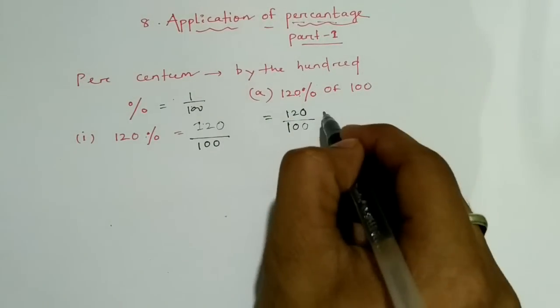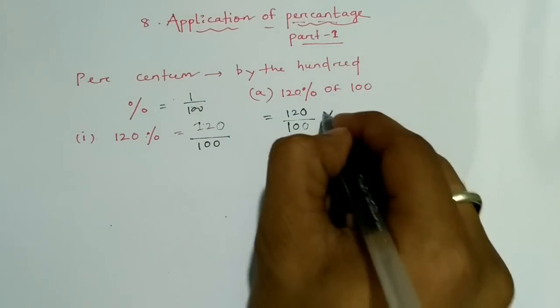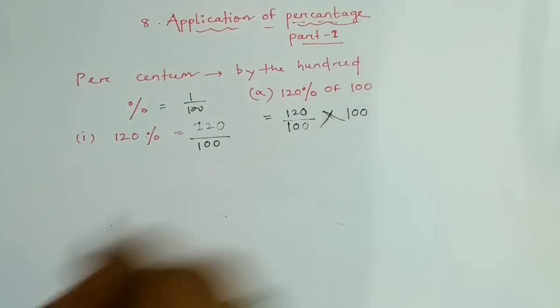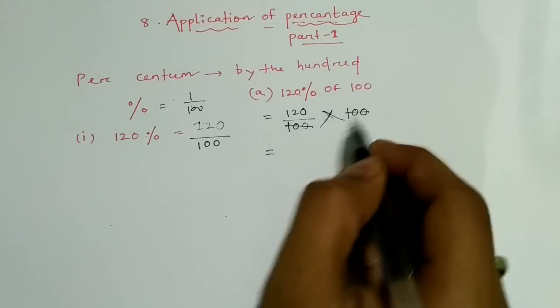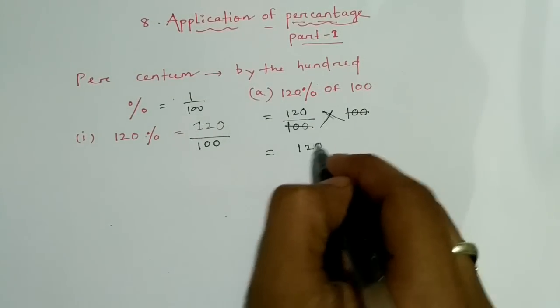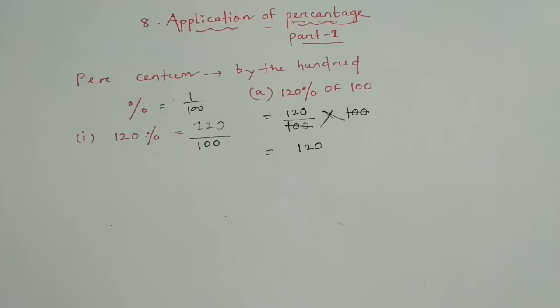Of means, as you know, the multiplication sign, and 100. So here 100 got cancelled with 100 and we got 120. So this is the answer.